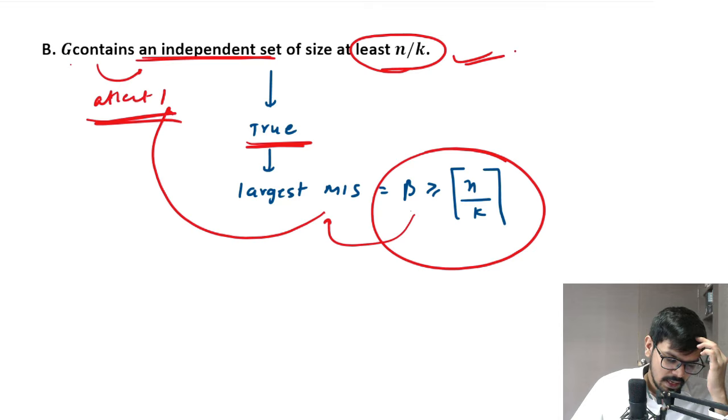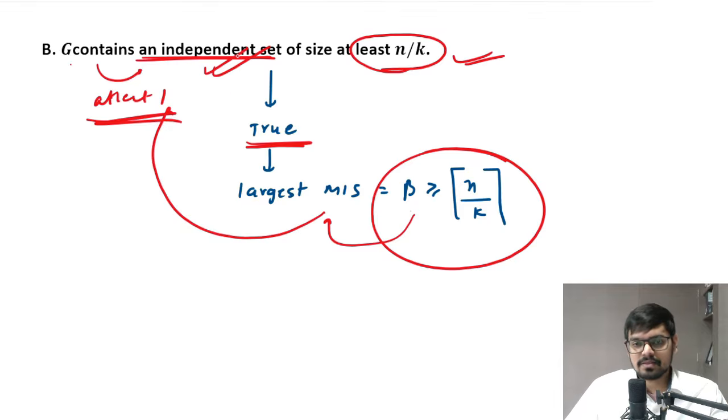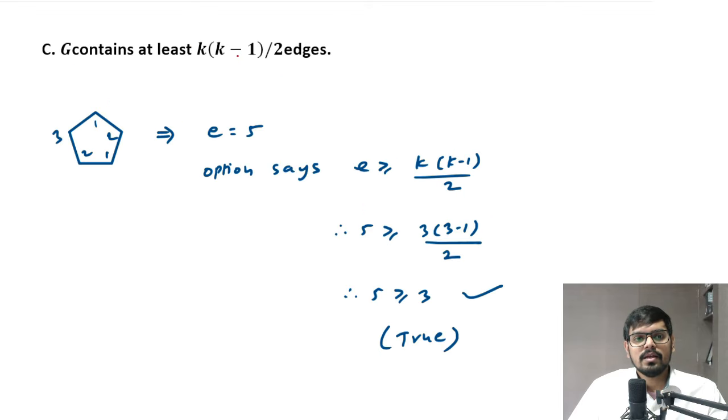Your brain should be like, n by k we have seen, that is nothing but beta. Beta is greater than or equal to n by k. So what is beta? Independence number, made from the largest MIS, so there exists an independent set. Easy. If you have referred to the class notes, you can easily answer all these things.